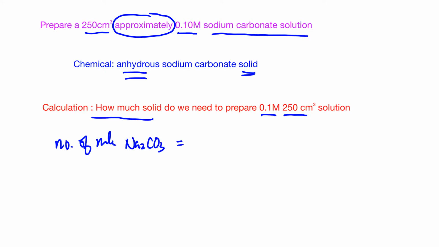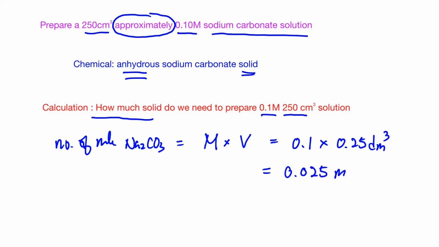We use M times V, so we have 0.1 times 0.25, this one is in dm cube. By doing so, we know that we need 0.025 mole of Na2CO3. Then how much mass of Na2CO3 do we need?